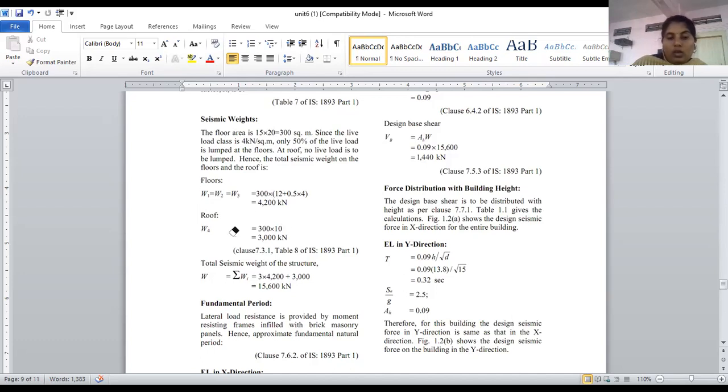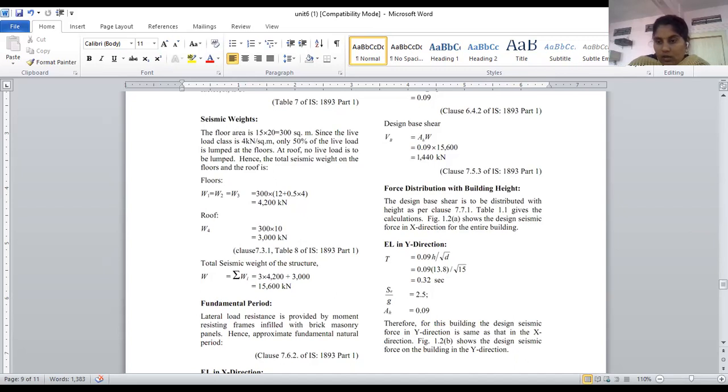Now we have to calculate W4, which is the seismic weight of the topmost floor, that is the roof portion. On the roof the floor area is same from the bottom towards the top, that is 300, into 10. That 10 is the slab load of that floor.